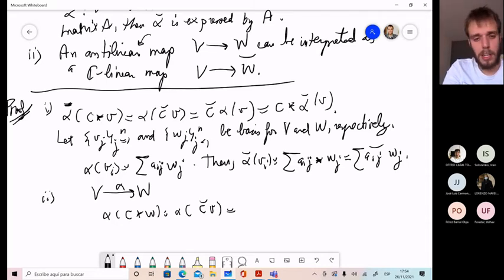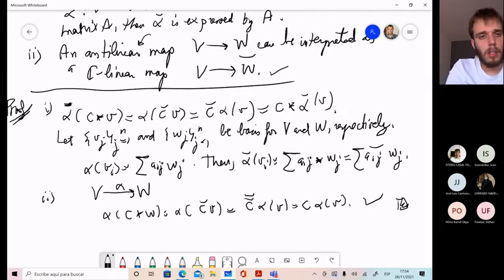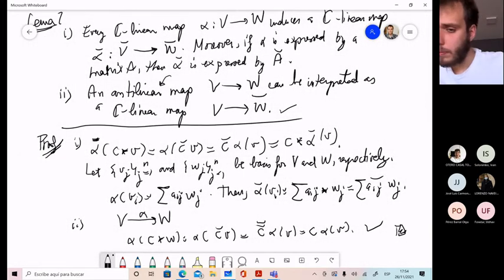Now this map is antilinear, so I have to conjugate twice, and at the end of the day I get c alpha w. So I get a C-linear map. Good. This was lemma 2.